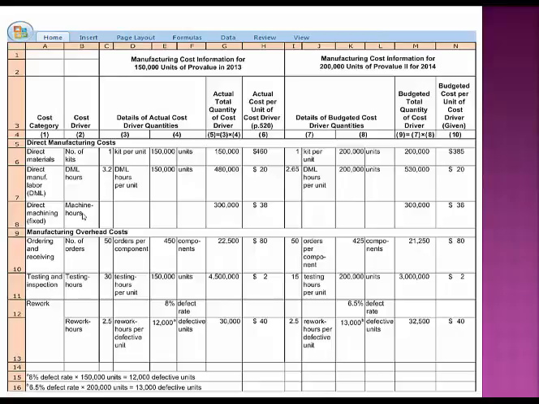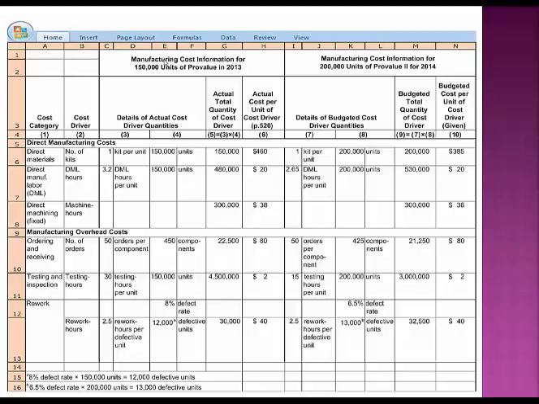Well, Astel is going to make some changes to their manufacturing process, and they are actually going to be able to produce these 200,000 units by optimizing their capacity without having to lease any additional hours. So notice that they are still going to be using the 300,000 hours, but we're going to be getting 200,000 units instead of 150,000 units out of that capacity.